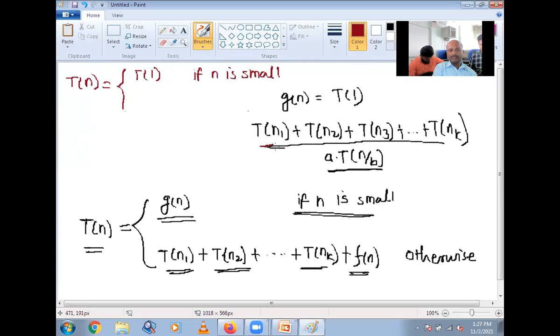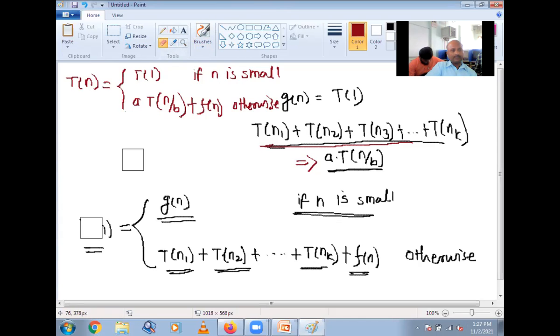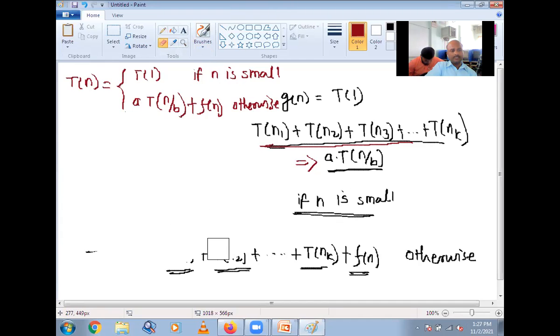And instead of this series, we can write A into T of N by B plus f of N as it is. This is for otherwise. Okay, we will see the problem on these.